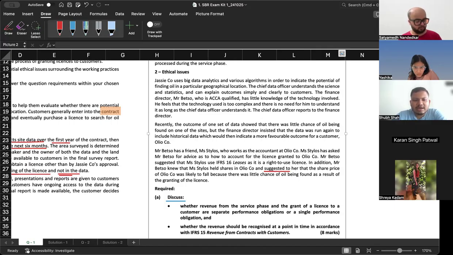Miss Stylos has asked Mr. Betso for advice as to how to account for the license granted to Oleo Company. Mr. Betso suggested that Miss Stylos use IFRS 16 Leases as it is a right to use license. In addition, Mr. Betso knew that Miss Stylos held shares in Oleo Company and suggested to her that the share price of Oleo Company was likely to fall because there was little chance of oil being found as a result of the granting of the license.